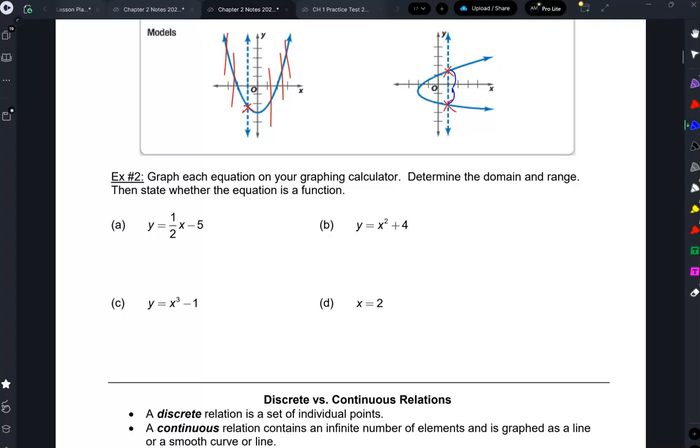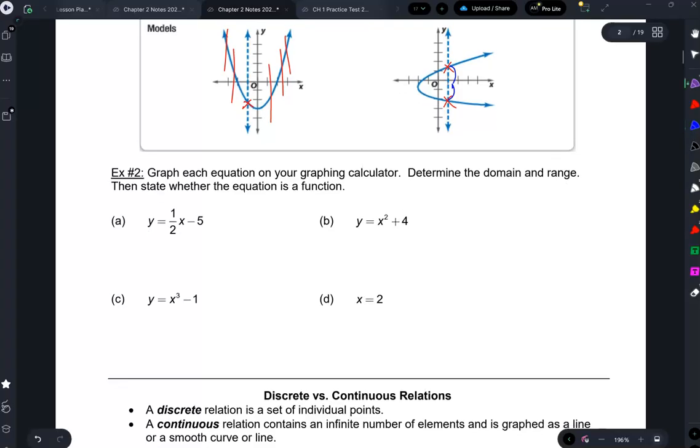Graph. So it says graphing calculator, but we're not going to use the graphing calculator just yet. It says graph, determine the domain and range, and state whether it's a function. Now take a look at A. We should all know what the graph of that looks like. Okay, so what does it look like? Right. So if this is -5, then we go up 1 over 2 there, right?